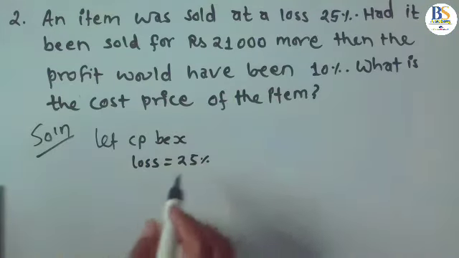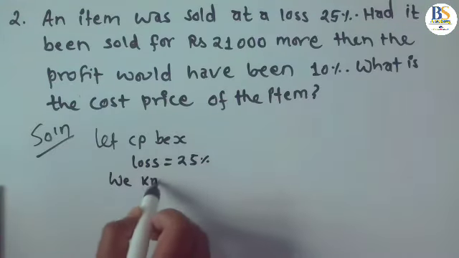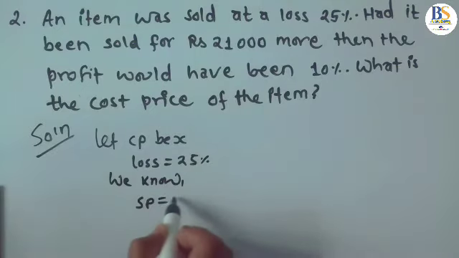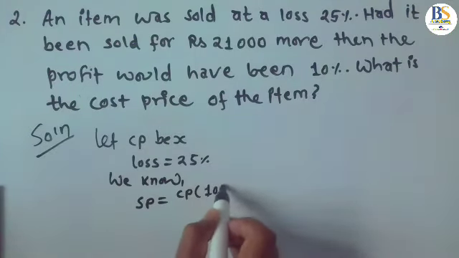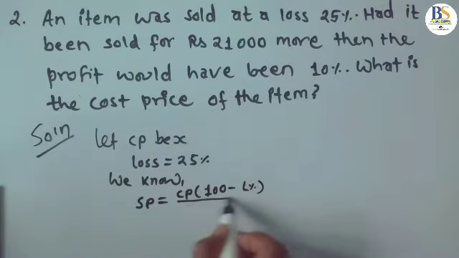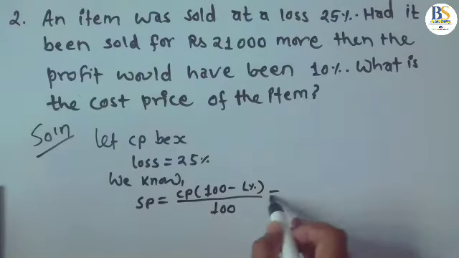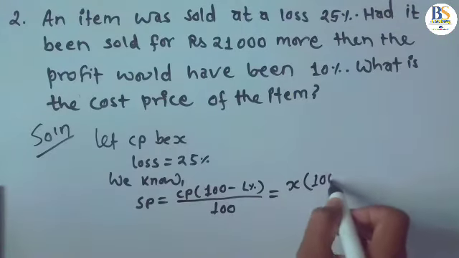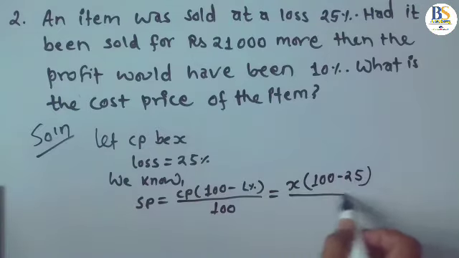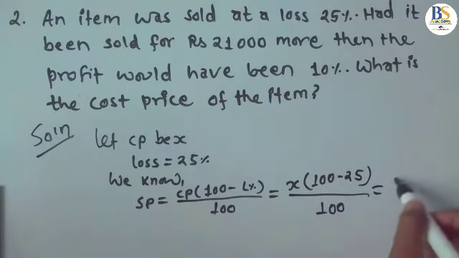CP and loss percent is given, means we can find SP. SP equals CP bracket 100 minus loss percent upon 100. This equals X bracket 100 minus 25 upon 100, which equals 75x upon 100.